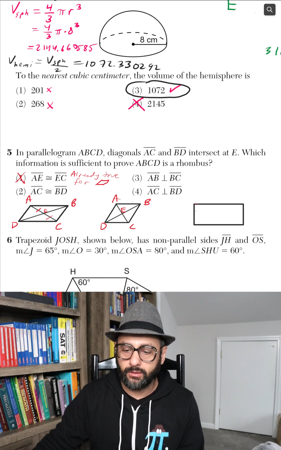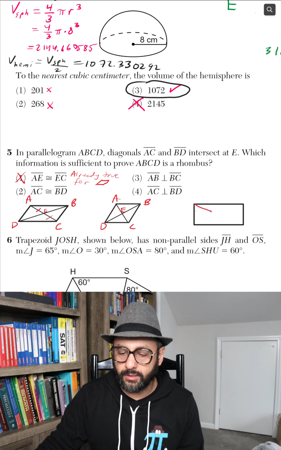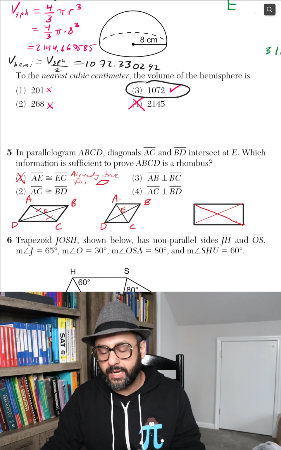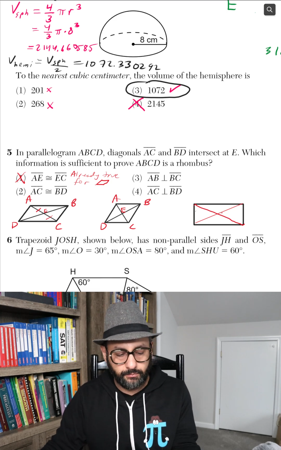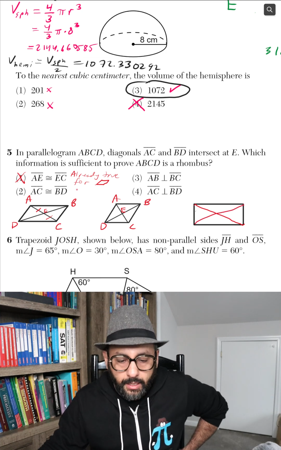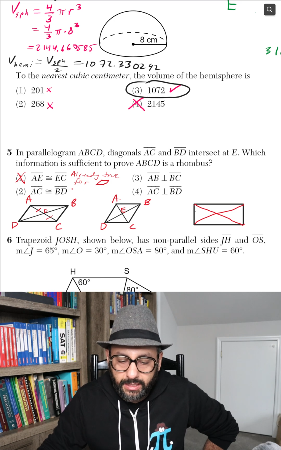See, a rectangle, if you draw the diagonals, that one's not going to be straight, but this is just a rough drawing anyway. So the diagonals are congruent, so this makes it a rectangle.